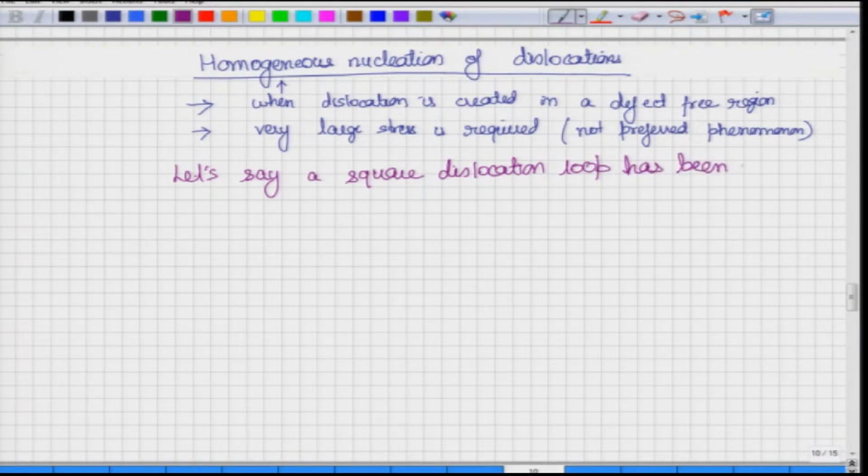And why are we talking about a dislocation loop and not a straight line? Because if a straight line dislocation is created, then it must end at one of the grain boundaries or at the surface, both of which are other defects. So, it would mean that it is a preferred site, but we do not want to talk about those preferred sites, we want to talk about homogeneous nucleation. So, only we can think about a dislocation loop.